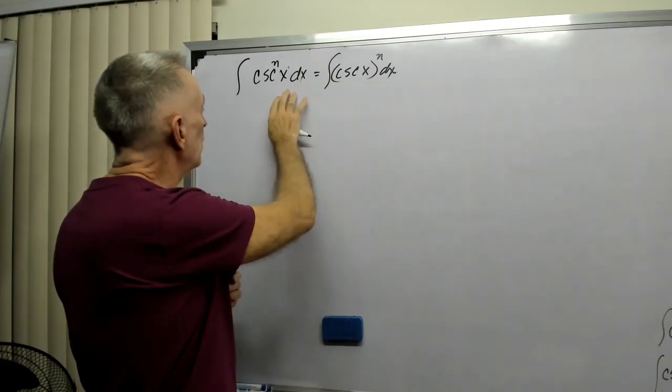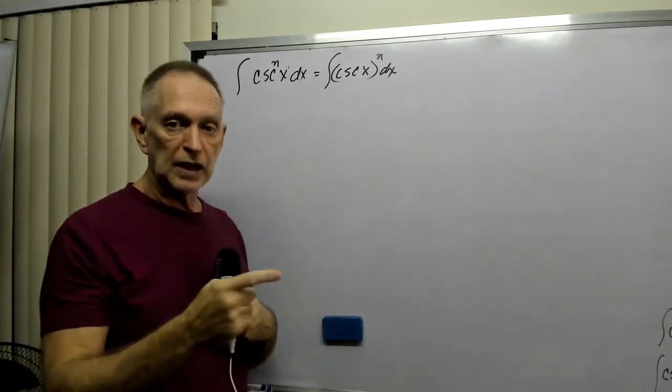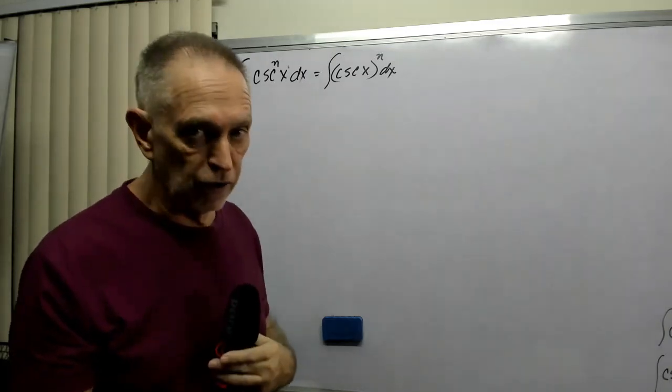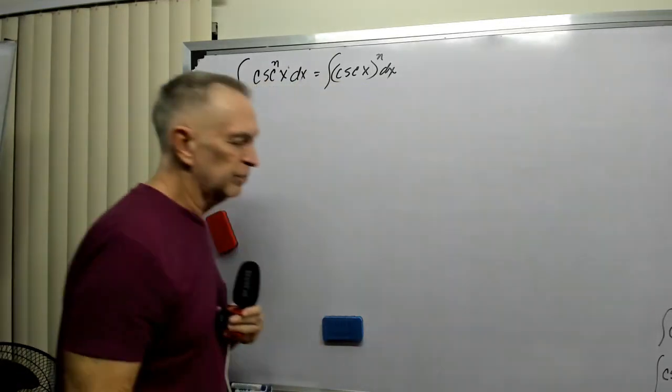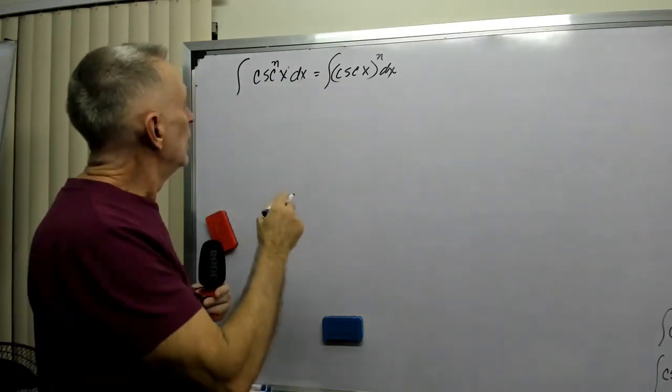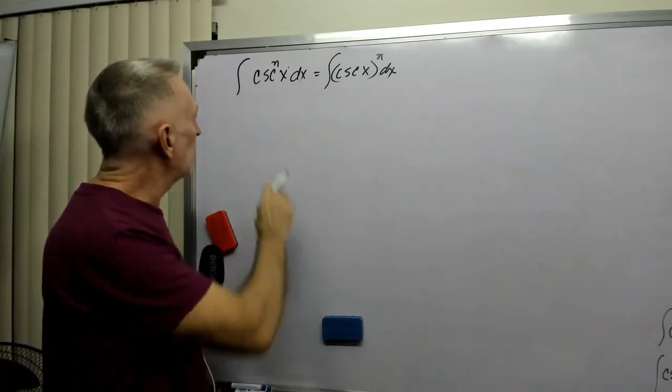So you might look for the video of cosecant to the second power, cosecant to the third power, and I have the results over here of those. But now we're going to do cosecant raised to the nth power, that integral.